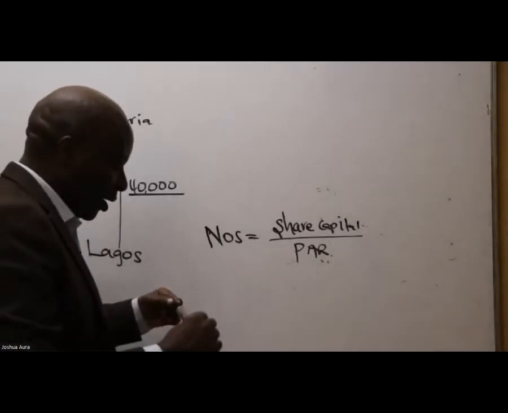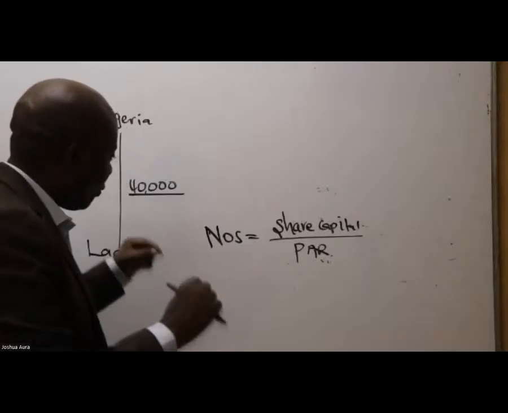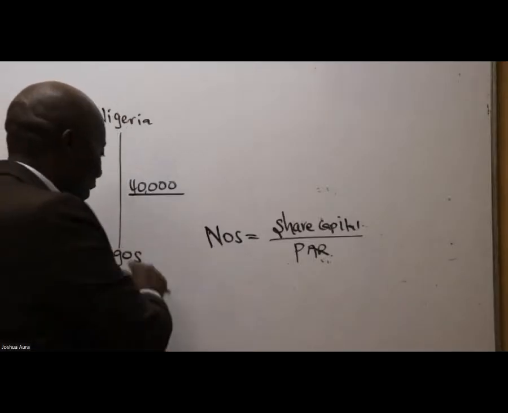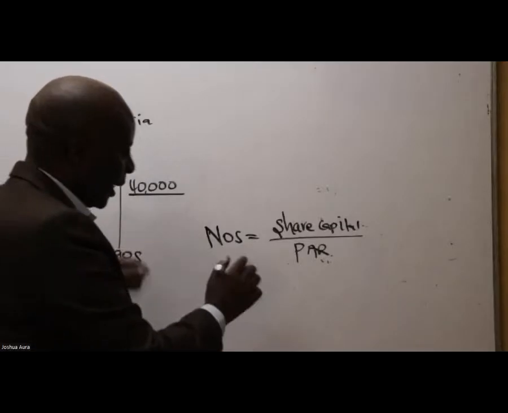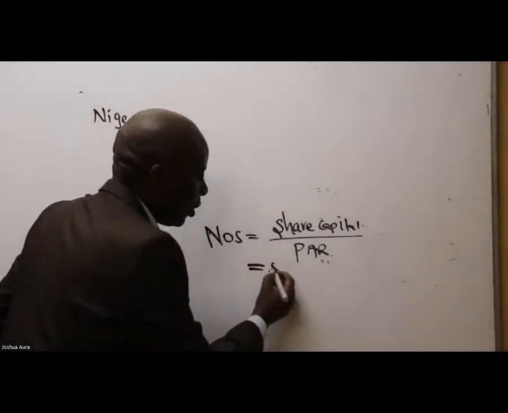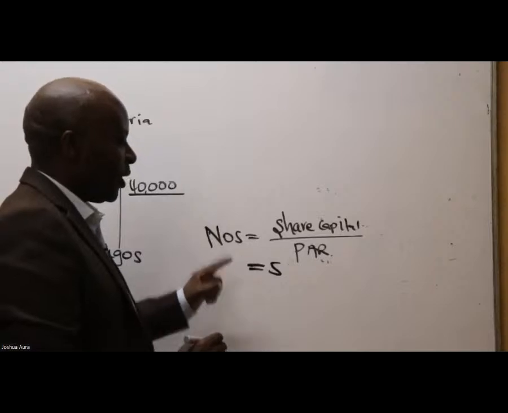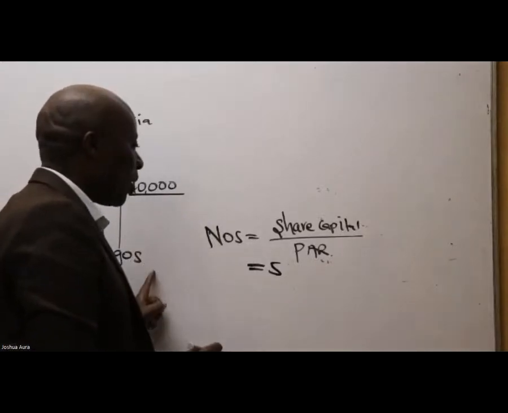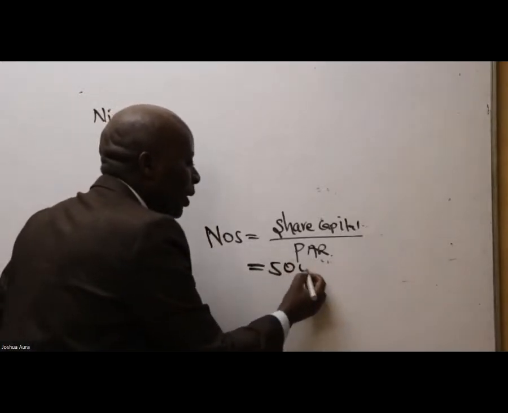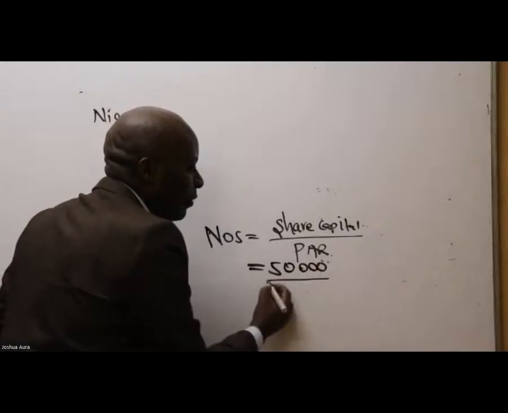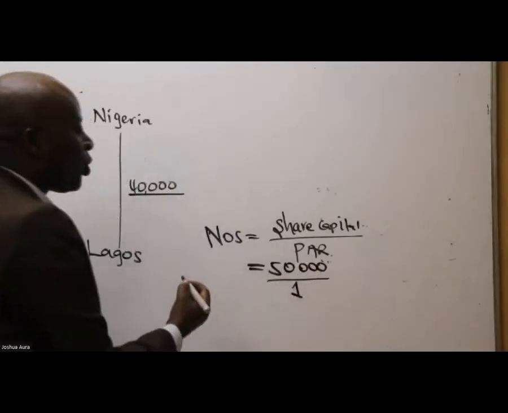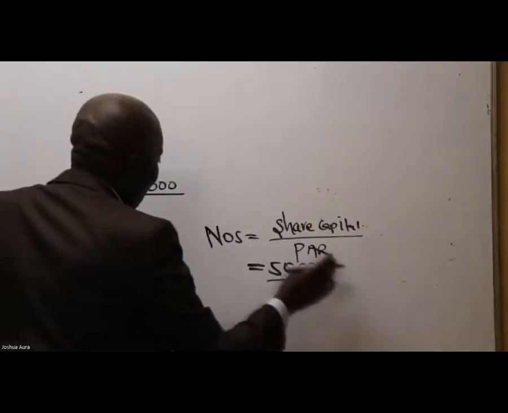We bought 40,000 shares; how many does it have in total? The share capital of Lagos is 50,000 and the par value is 1, so the number of ordinary shares is 50,000.